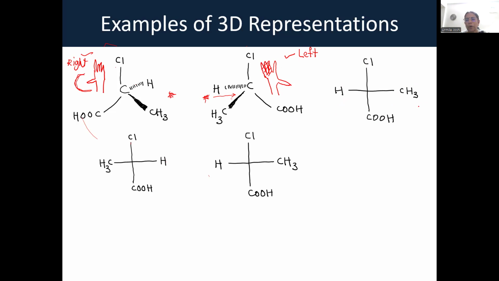Okay, so since the direction of the thumb is like this, it is going to be here. And opposite way, for putting your finger and thumb on this, you require your right hand. With left hand, you cannot do that. So put your right hand. The COH is pointing downwards and towards left, and so CH3 points towards left. You can use any one of these two tricks to convert a dotted line wedge structure to Fischer.